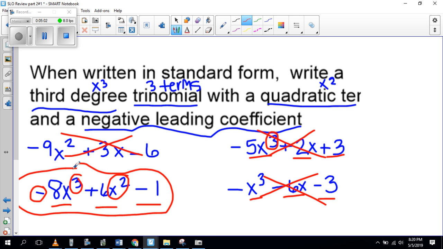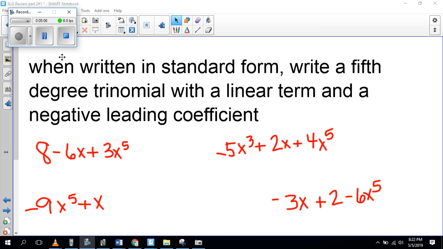Okay, so we're going to try another one, and it may not be in order. Okay, so let's look at this example. And guys, you're probably going to have to write this example because it's not on your paper. So if you could just write it somewhere, write it on the back with the answer choices. It says when written in standard form. So obviously, I gave you one that's not written in standard form. It says write a 5th degree trinomial.